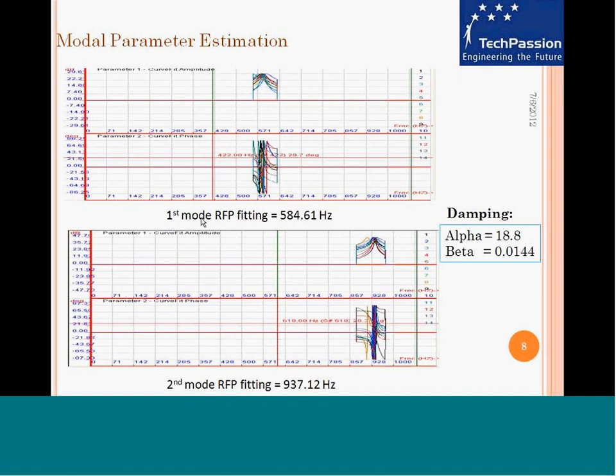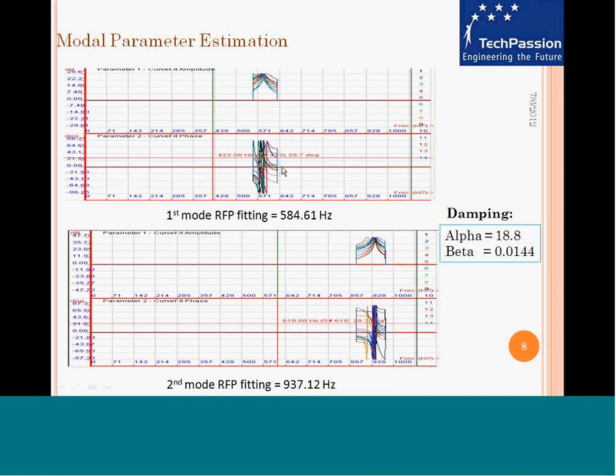In this particular experiment, we analyze the data using RFP, which is rational fraction polynomial curve fitting, and this shows the curve fitting procedure performed on the first resonant frequency around 584 hertz, and the second resonant frequency around 937 hertz.